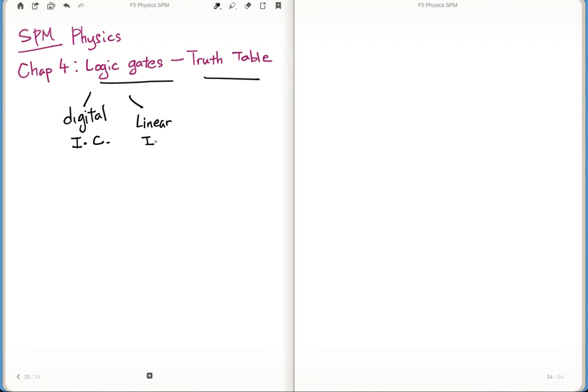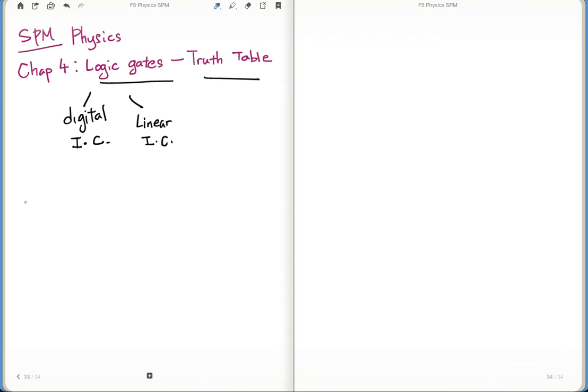You may want to read through the theory and a few examples, and the advantages of having an IC, which normally come out in structure questions. Then only we'll go to the introduction of logic gates.